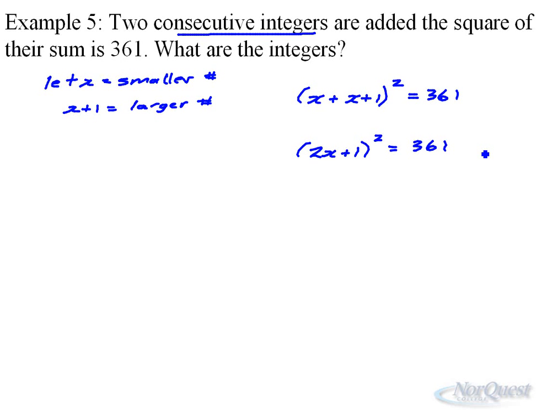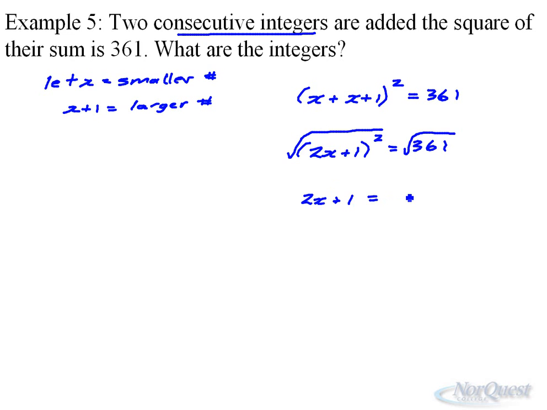So what we can do is we can then take the square root of both sides of the equation to solve for the x term. The square root of 2x plus 1 squared will be 2x plus 1.